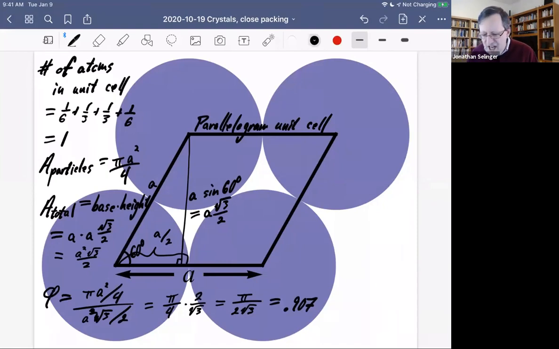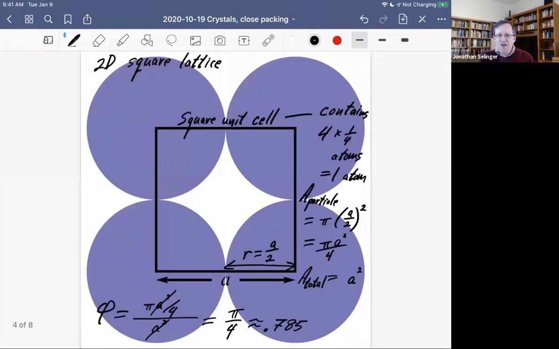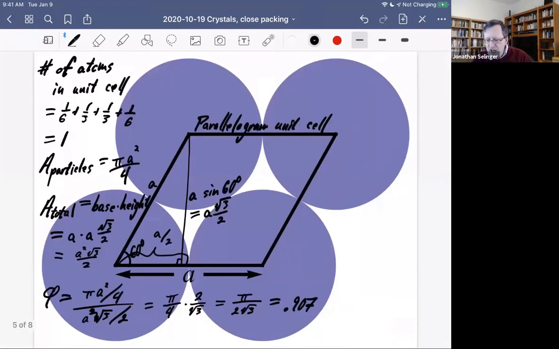And we can see that this is better, right? This looks like a more efficient packing than this one, just in terms of how much white space is there between the particles, right? It looks like the square unit cell has more wasted white space, and this has less wasted white space.